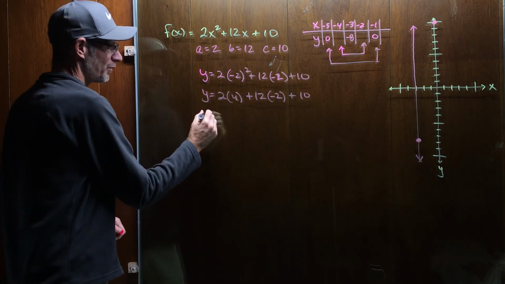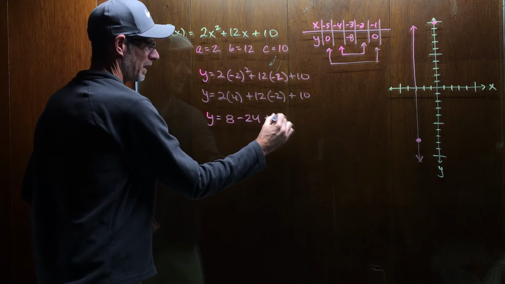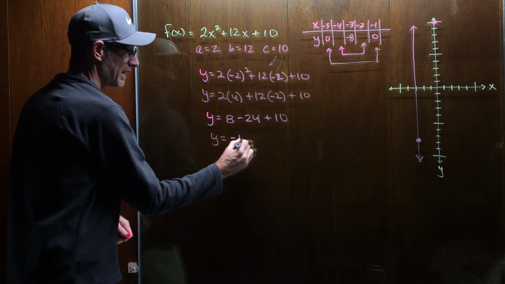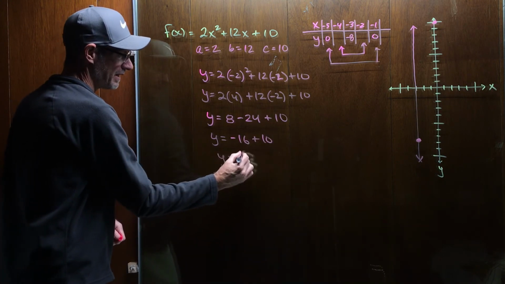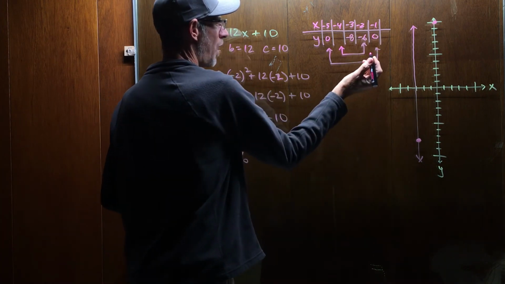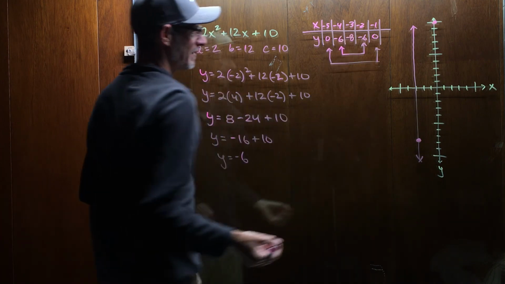So I have y equals 8 minus 24 plus 10. So that's y equals 8 minus 24 is negative 16 plus 10. And negative 16 plus 10 is negative 6. So when x is negative 2, y is negative 6. And when x is negative 4, y is negative 6.